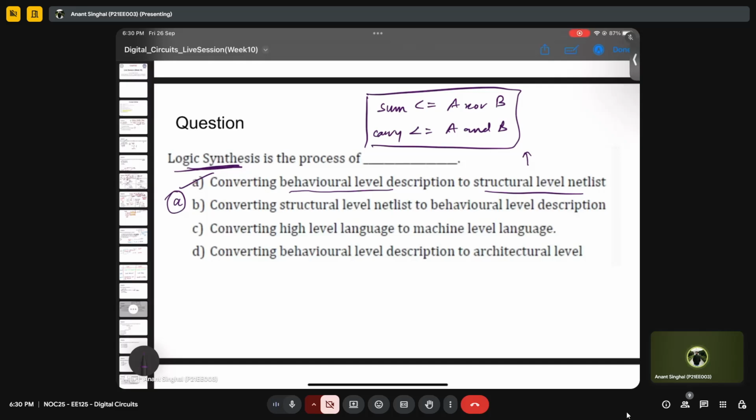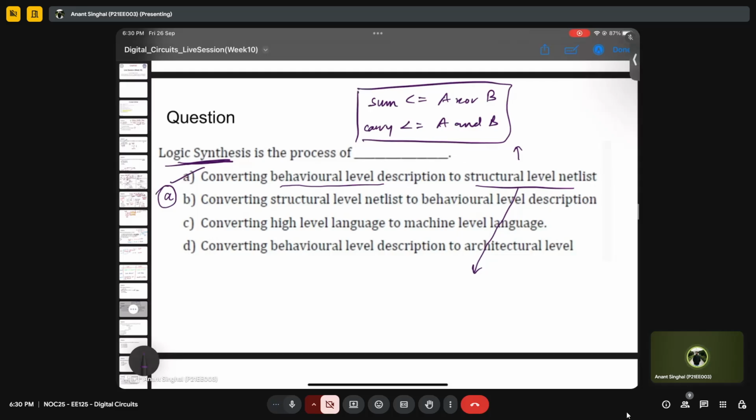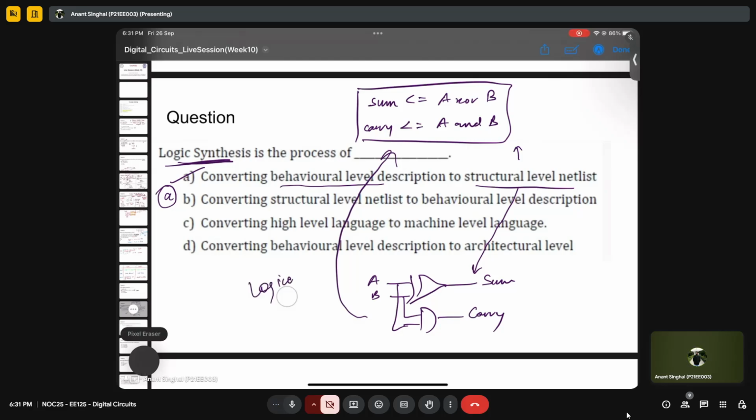Structural level netlist means implementing the actual circuit. For example, if I implement this, with inputs A and B, this will be the sum, and with A and B, this will be the carry. So changing this description into this structural level netlist is nothing but logic synthesis.